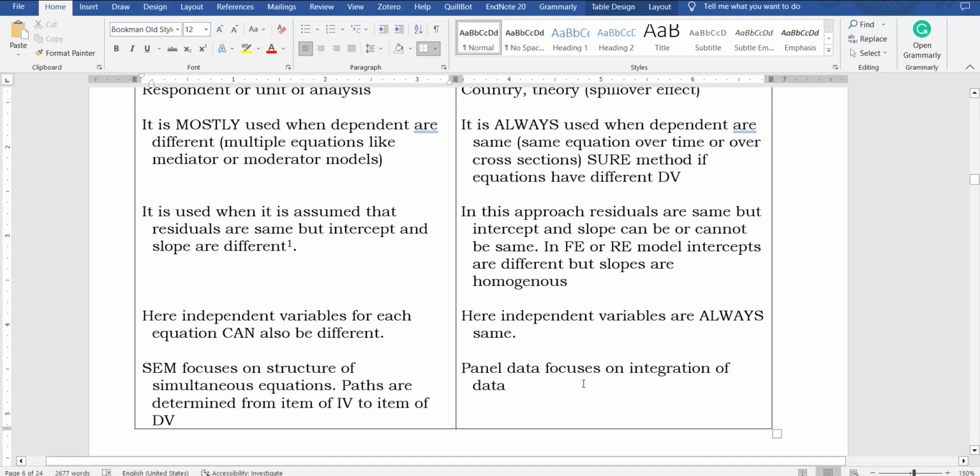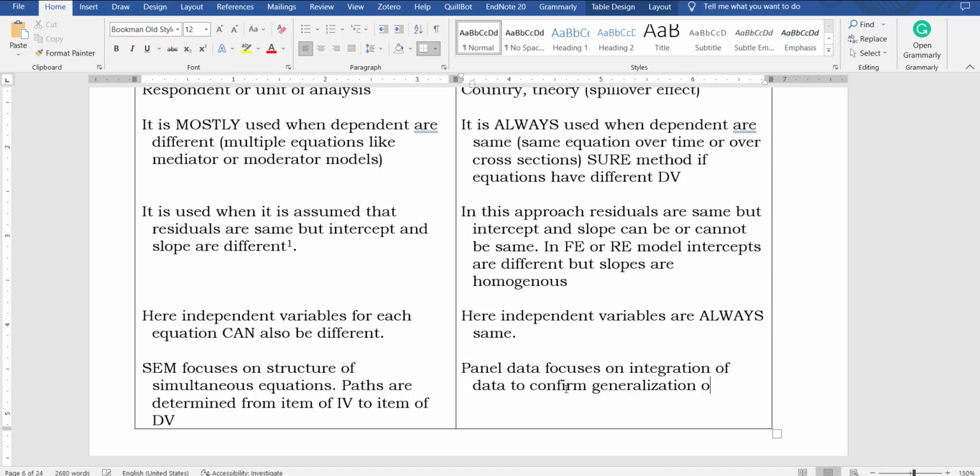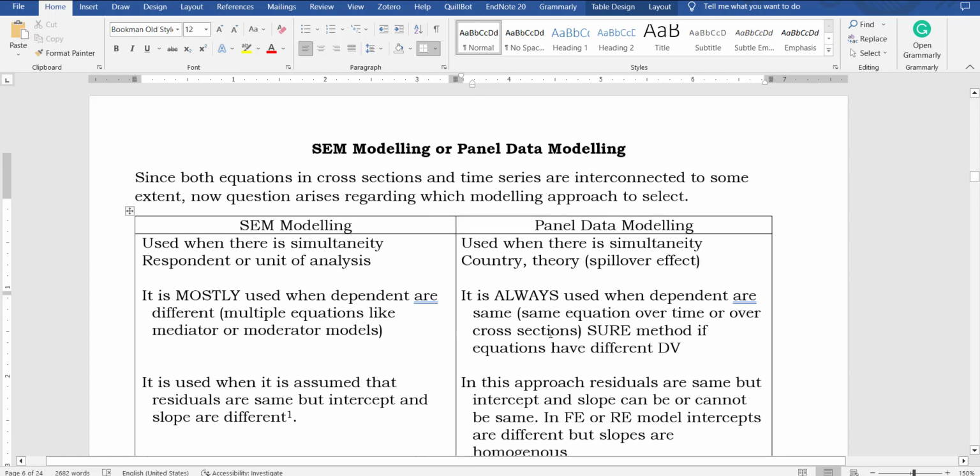So you calculate paths, but panel data focuses on integration of data to confirm generalization of theory. So this is what we do in panel data.